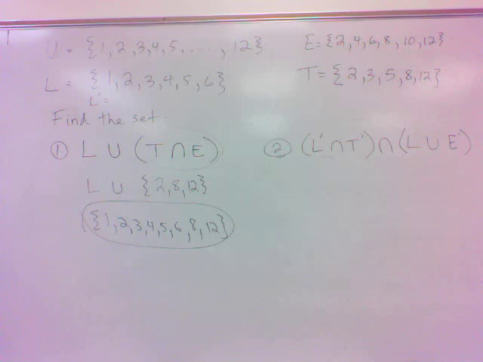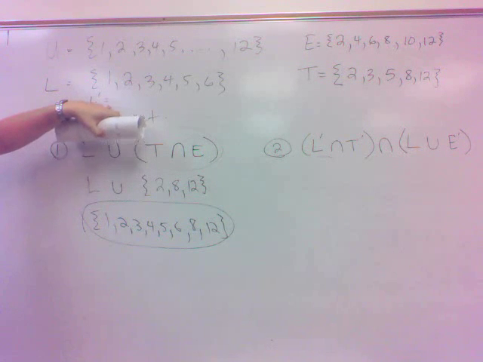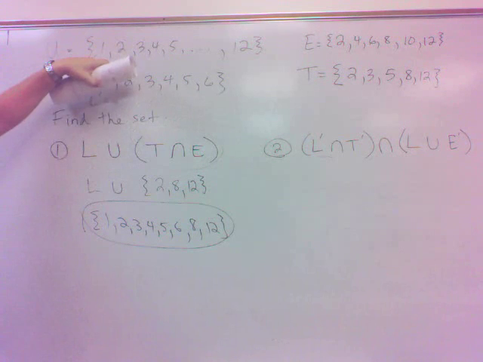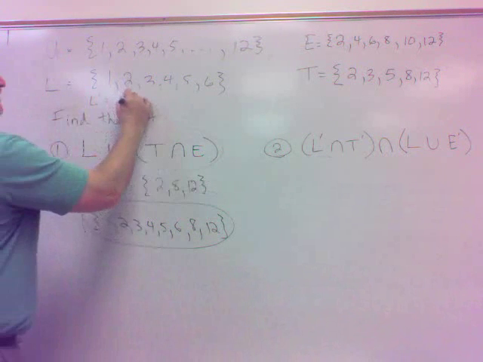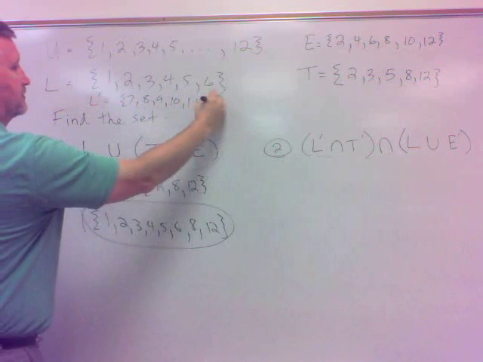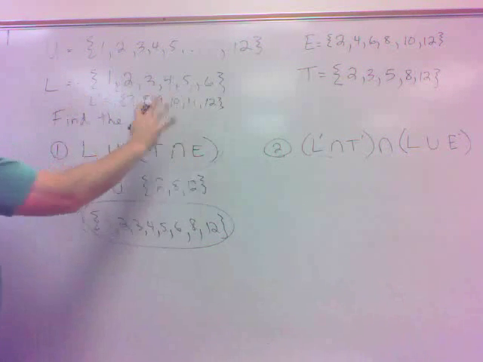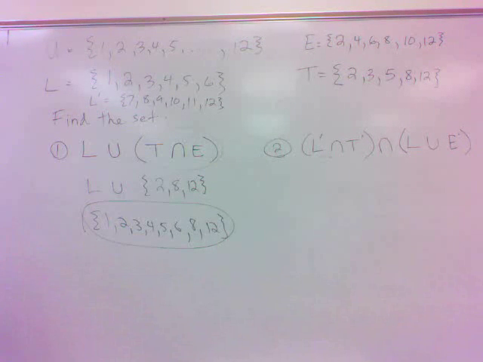Well, if L is 1 through 6, what's L complement? L complement's what's not in there. So what's not in L? Go back to the universal set, L complement would be 7 through 12, wouldn't it? It's just what's not in L. L's got 1 through 6, so L complement's got 7 through 12.